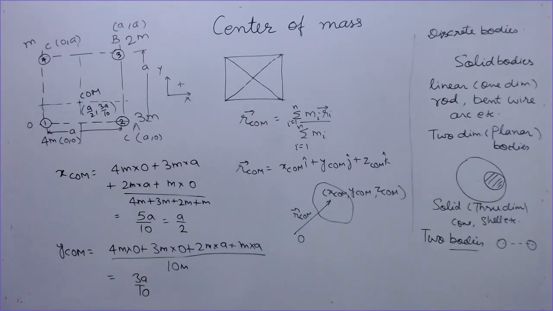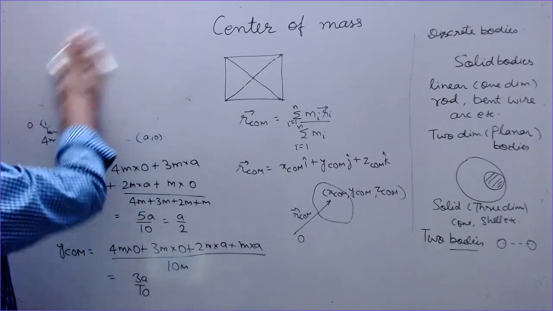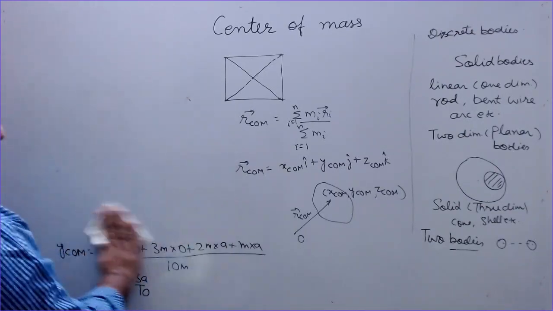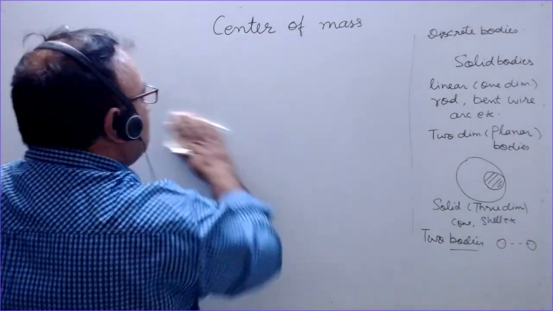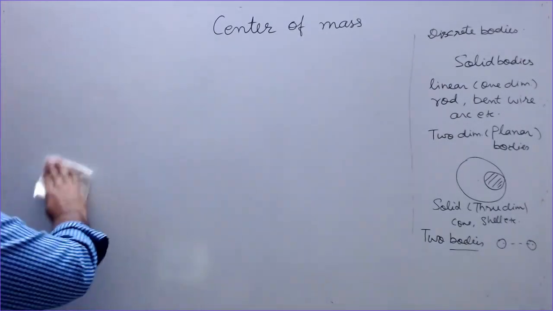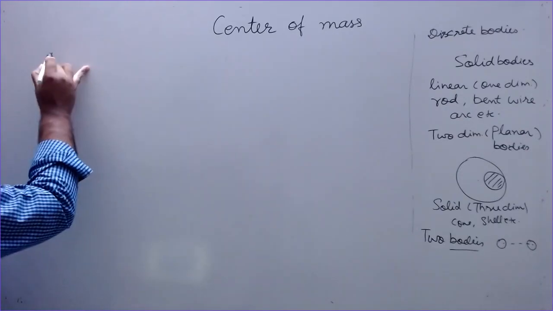Now let us discuss some bodies like the one which is linear. Suppose we have a solid rod.